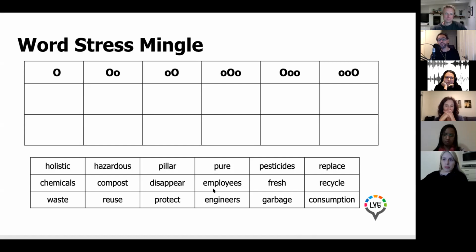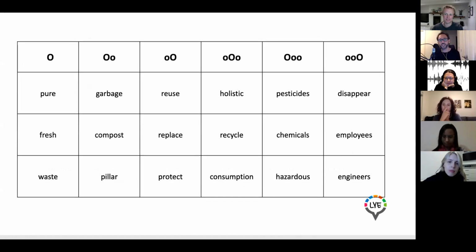So what we really wanted our students to do, going back to what I said, is highlight the word stress to aid memory. To help them store the pronunciation of these words so they can recall them based on the shape. We don't have to do the activity right now. I know teachers love doing activities, but because of time, when we have a lot to cover, I will skip this, but I'll show you the answers.